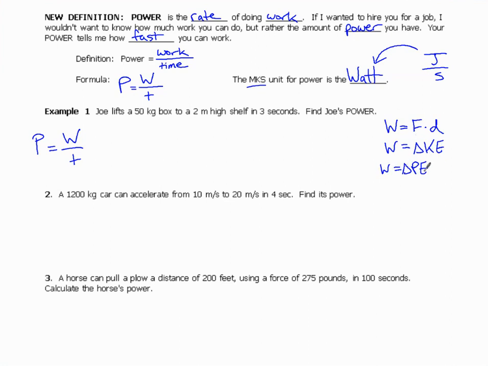Work equals the change in potential energy, which is mass times gravity times the height. And so we'll come back to our formula here. Change in potential energy over time, or mass times the acceleration of gravity times height divided by time.